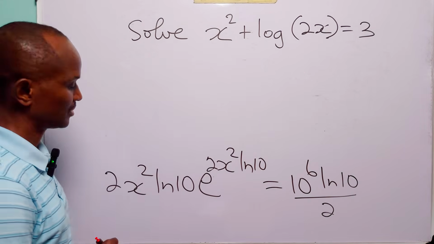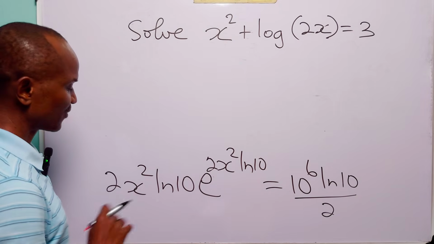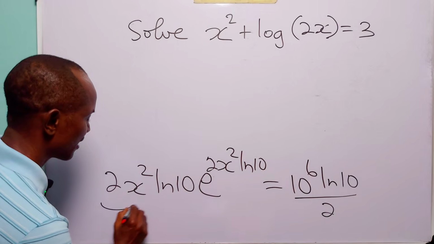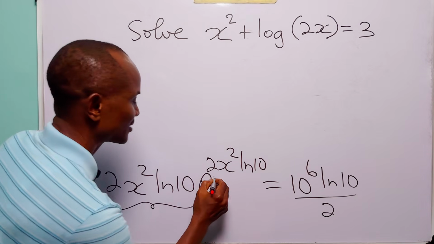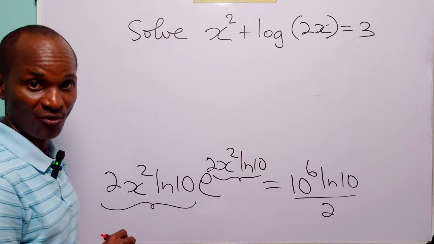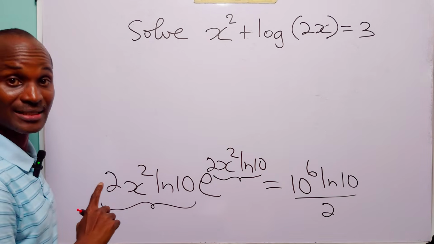And now finally, when you look at this equation, you're going to notice two things. The first thing is that what we have before e is exactly the same thing that we have in the exponent of e. Here we have 2x squared times ln 10.